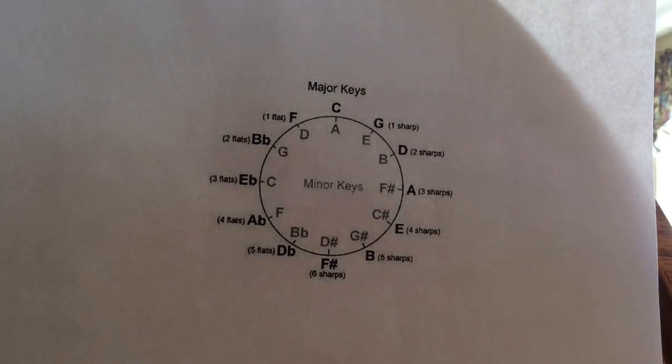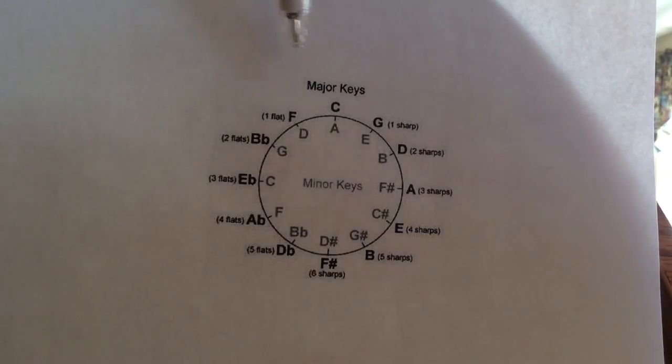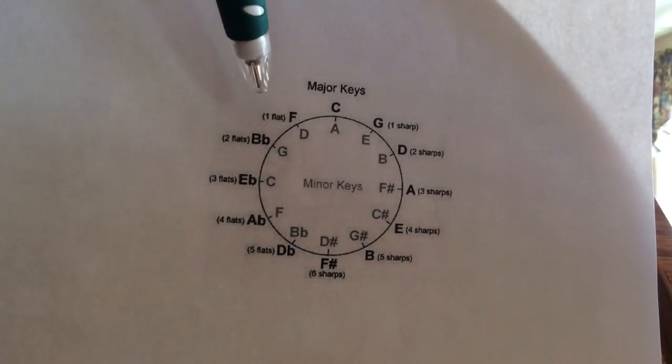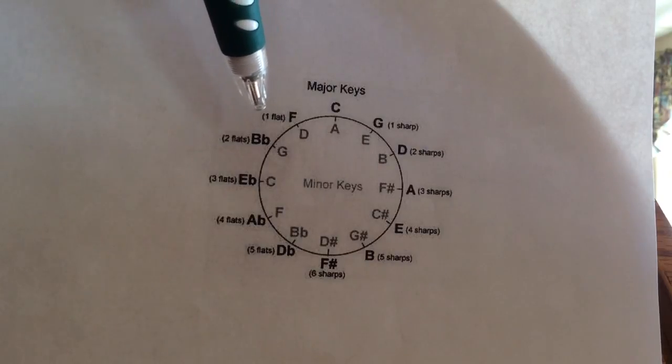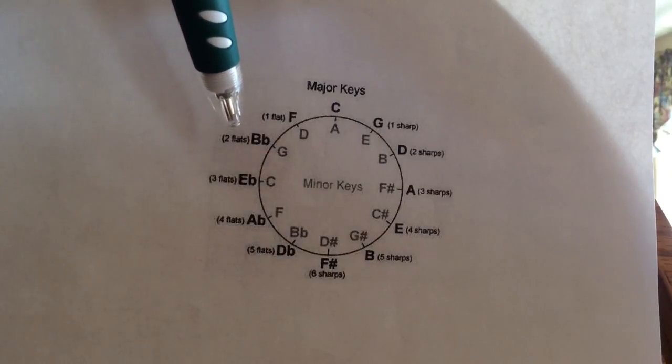Conversely, if you start at C major and you move to the left, you will add a flat. F major has 1 flat, and that flat is B flat. Five steps away from F is B flat.